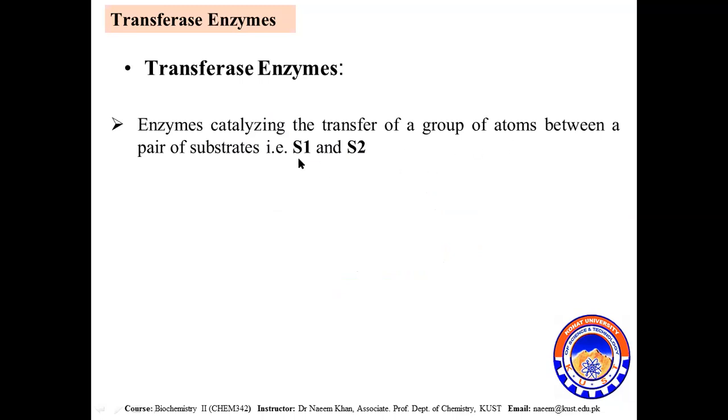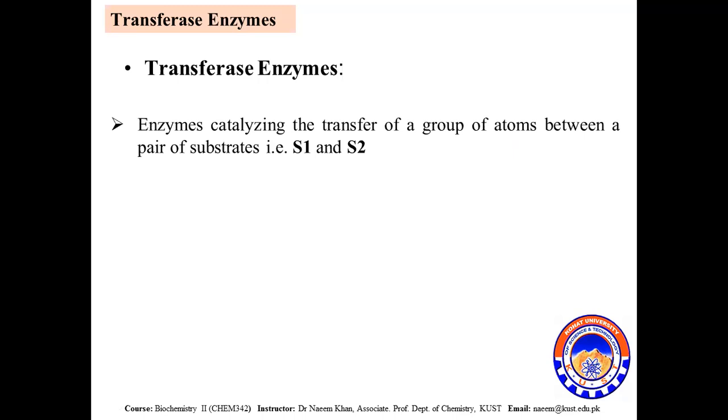Let's say we have substrate S1 and the enzyme transfers a group of atoms, which may be anything, to a substrate S2. A group of atoms may include, let's suppose, a phosphate group, or any acyl group, for example an acetyl group.